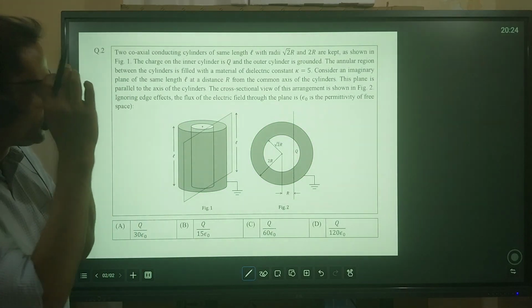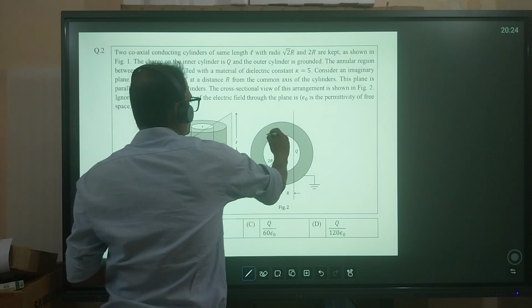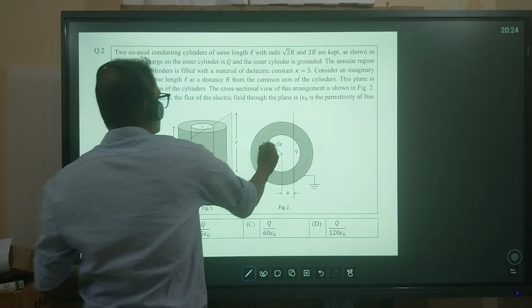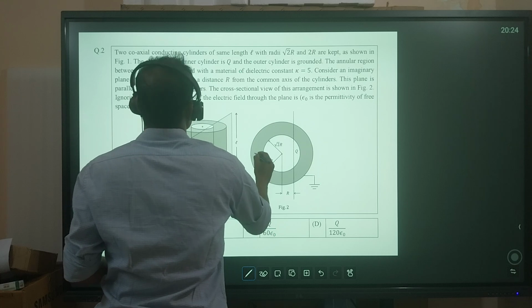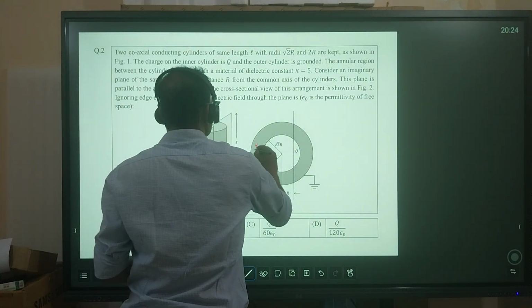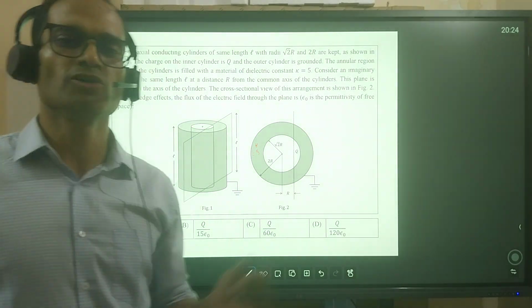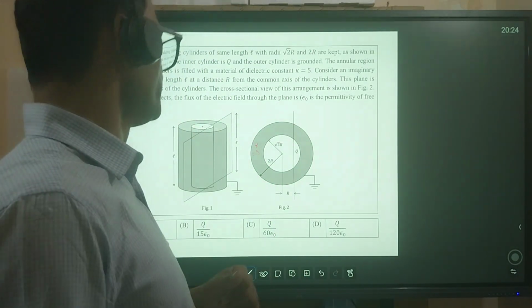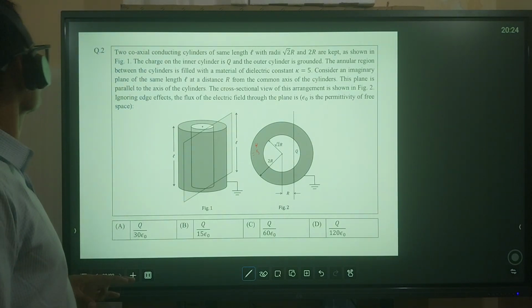The annular region, this region, has k equal to 5. Here the k value is 5, which means the relative permittivity of this material is 5.